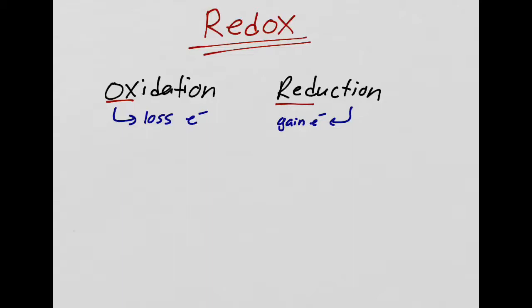If you lose electron, you become more positive. You already knew that. Now, when you gain electron, you become more negative. So, redox is a movement of electron, and the charges will change because one is going to lose electron and the other one is going to gain electron. They go hand in hand.